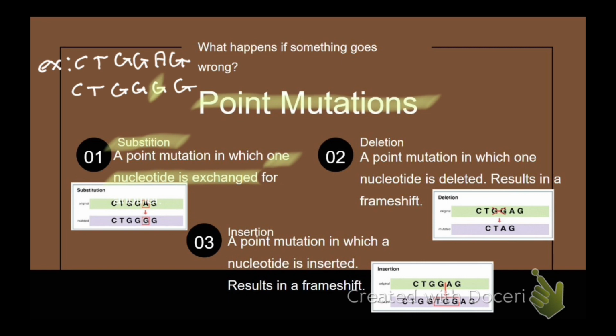Because a lot of the times on your test, they'll show you the original strand and then they'll show you the mutated strand and then they'll ask you what kind of mutation occurred. So this would be a substitution mutation. They gave you the original strand in the first one, and the second strand is the mutated. And right here we see that that A was exchanged for a G. So that would be a substitution.